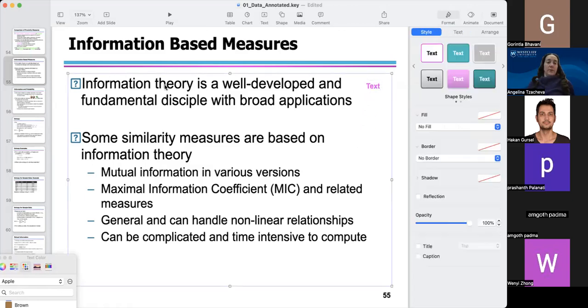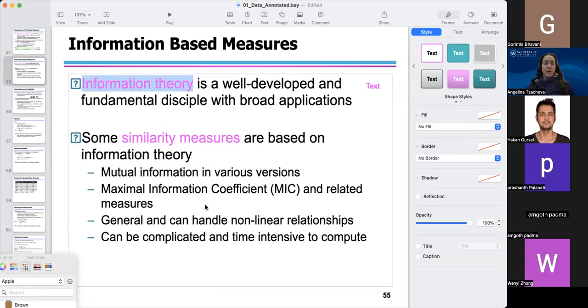So we can use information theory as a similarity measure. For example, entropy-based measures would be using information theory.